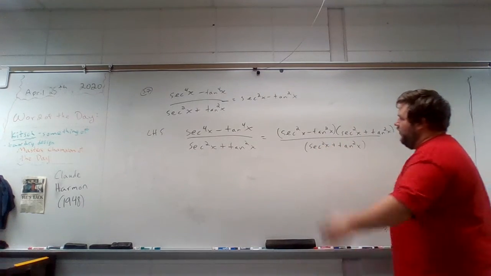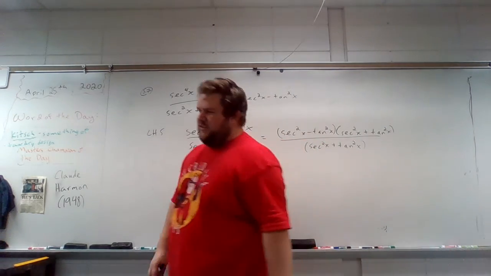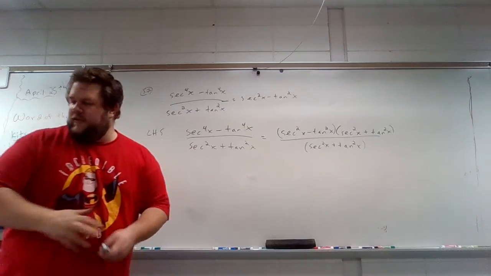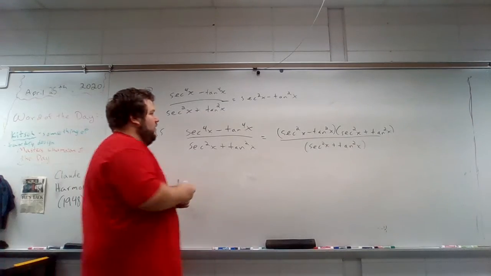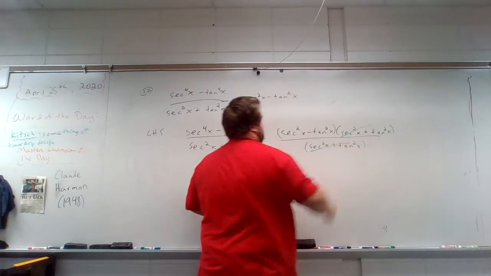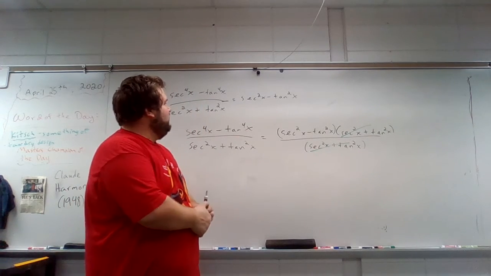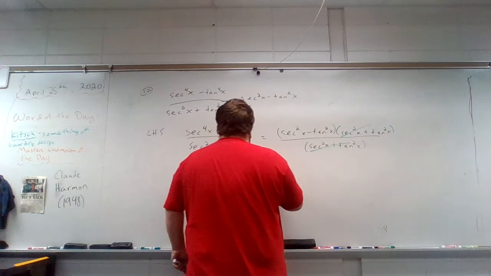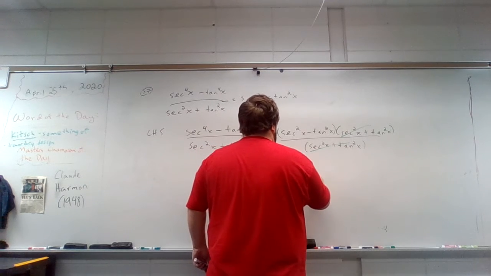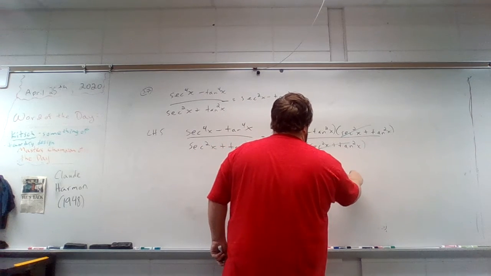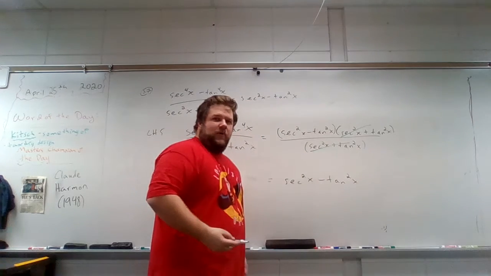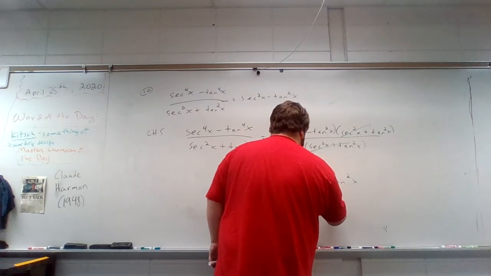Now, if all I did was honestly just factor the numerator, these cancel, and we have it. We got it. I didn't actually use any of my Pythagorean identities, and I got what I wanted to prove, and that's QED.